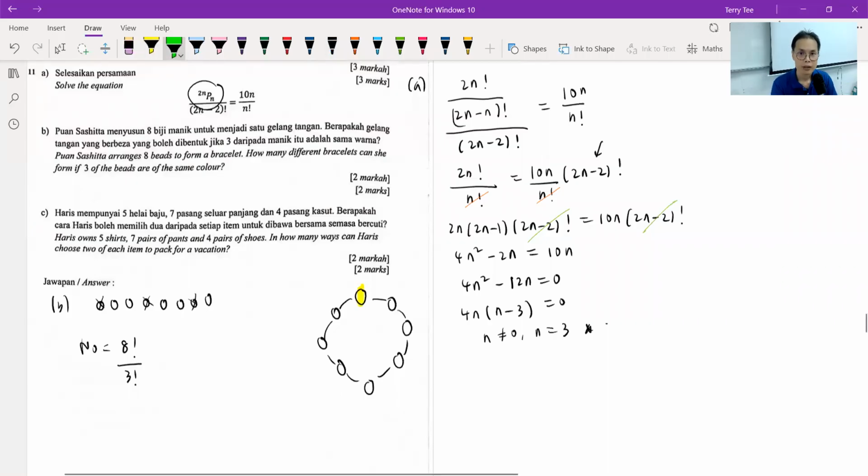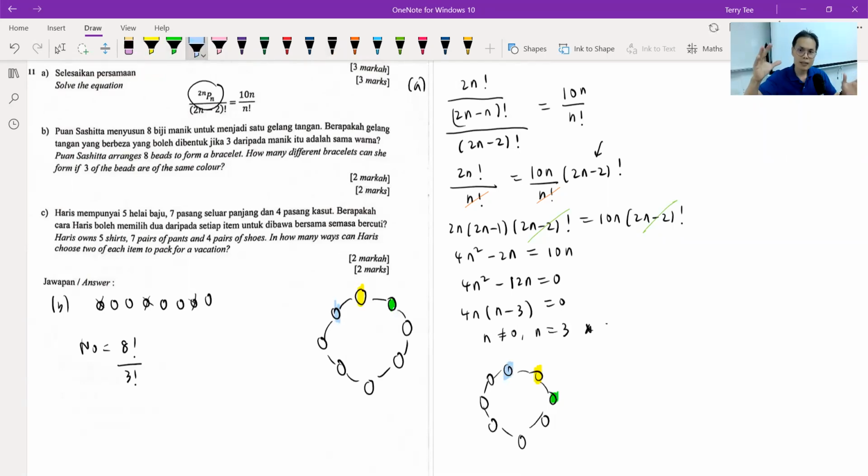Yellow will have green, let's say, on its left and blue on its right. And when I rotate this, now let's say I put yellow on this position here, you still have green on the left and blue on its right.